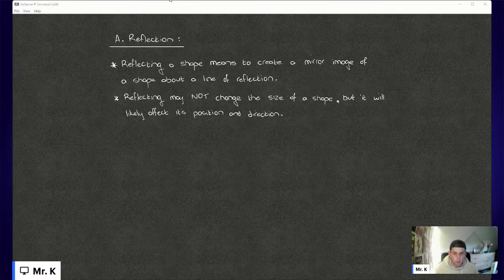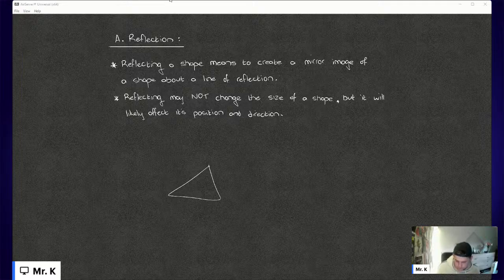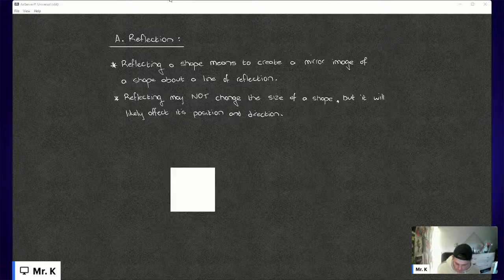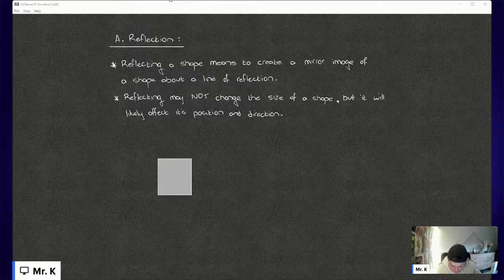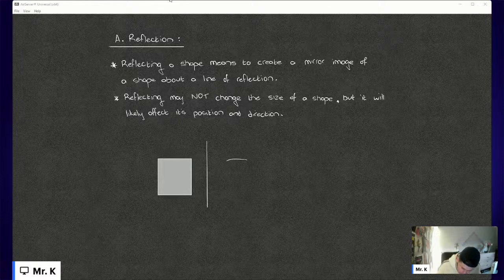Okay, so when we take a shape, grade nines, and we choose to reflect it, we can reflect a shape about a few different lines. About just means over. I could be working with a vertical line of reflection, right? In which case I would mirror the shape to be over here.